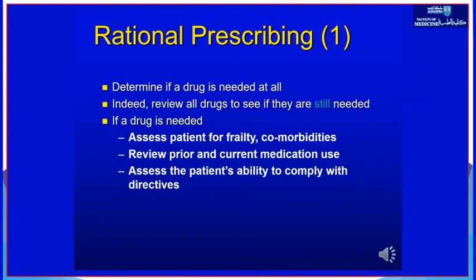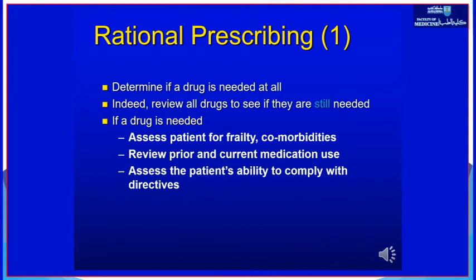So for rational prescription, we said, first of all, we have to determine if a drug is needed at all. Indeed, we should always review all the drugs that the individual is on at each visit. And our main aim always is to cut down on the number of drugs, and if we can stop using a drug, we are always very happy to do so.